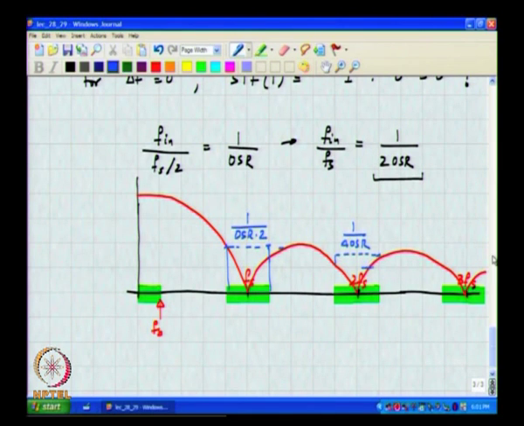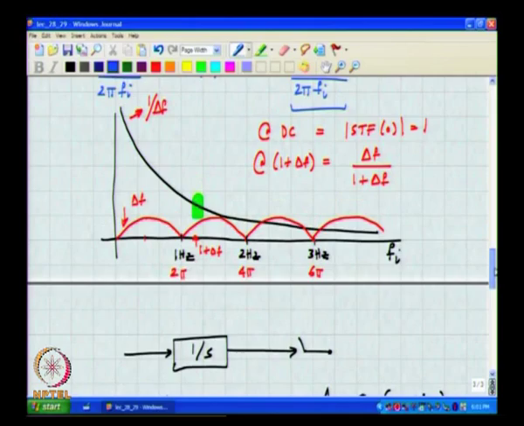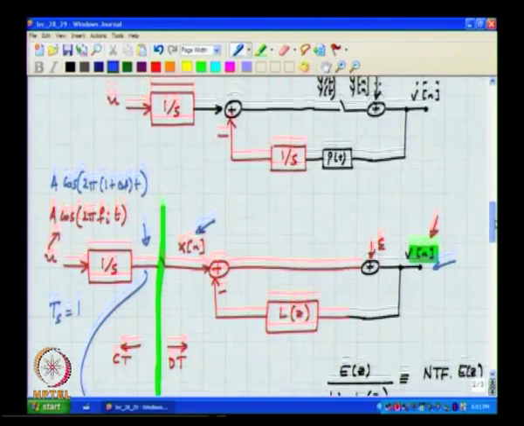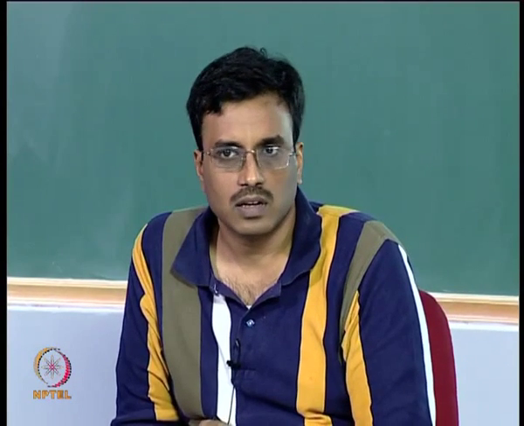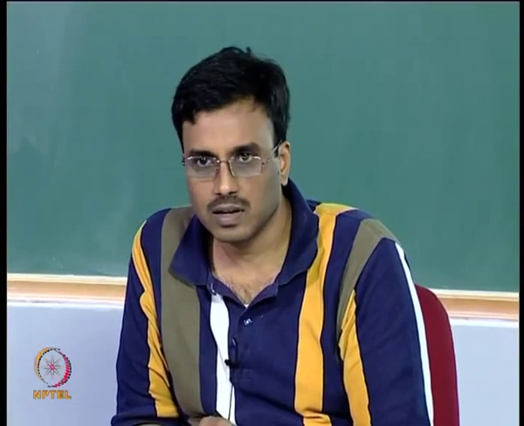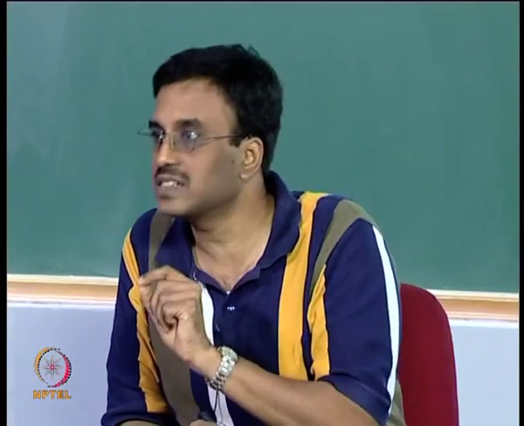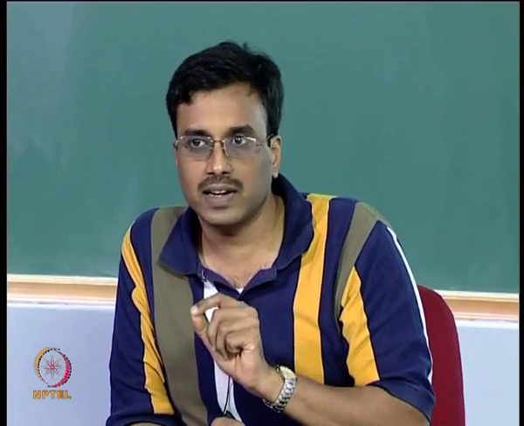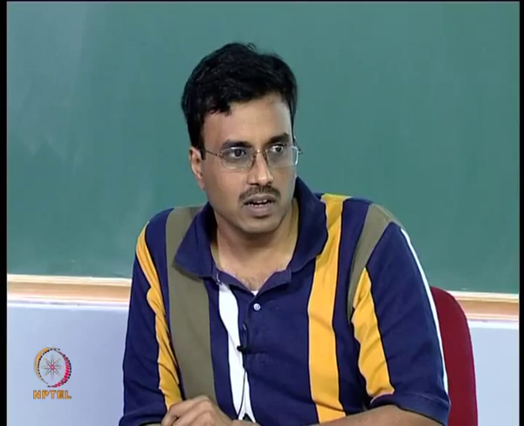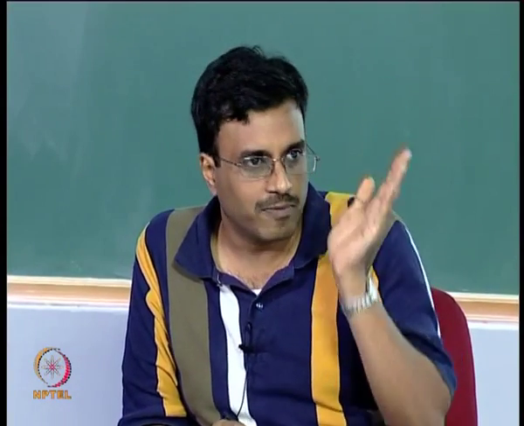So, intuitively this makes sense because the loop filter treats a sinusoid at 1 plus delta f very differently from a sinusoid at delta f, okay, and the loop filter output is being sampled. This is in contrast with the discrete time delta sigma modulator, where sampling is happening right up front.